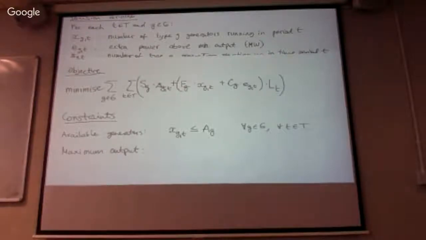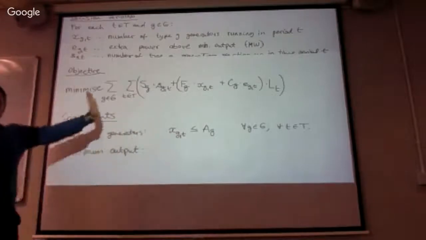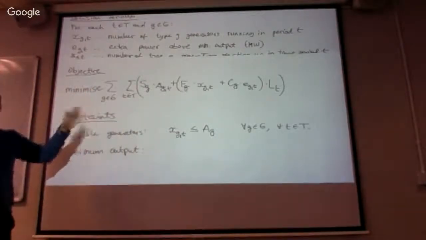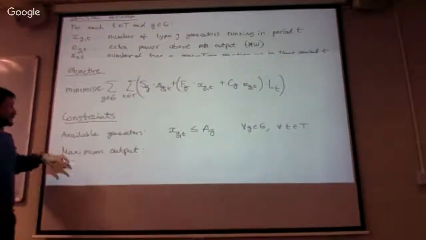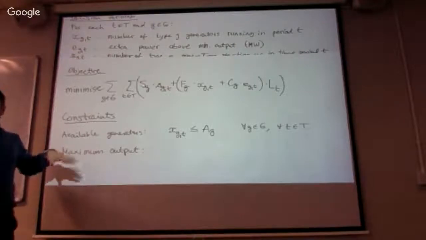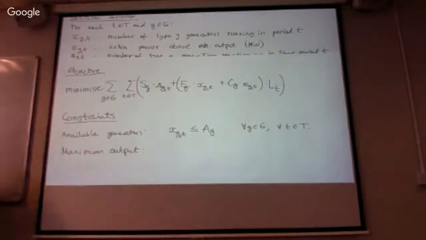Okay, so the thing is, what we said was E is just the amount above the minimum output. So we can't produce less than the minimum output. We'll have a constraint for demand which will work with the minimum output, in a bit.